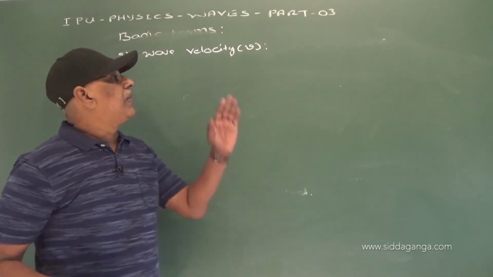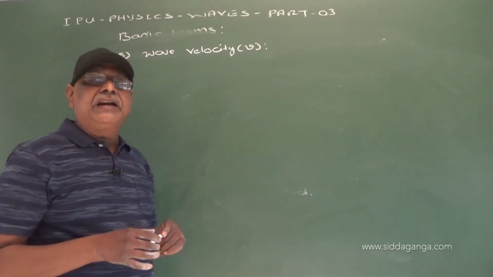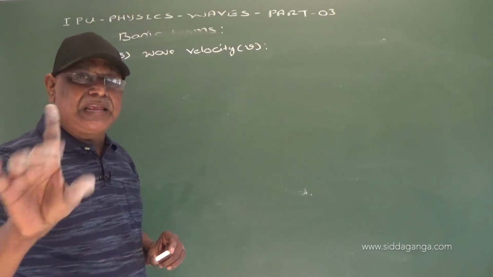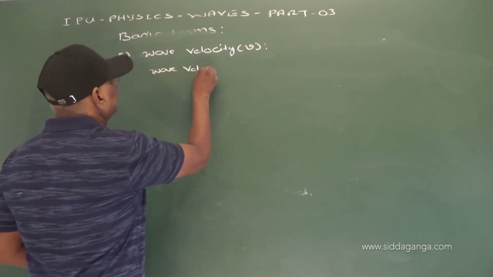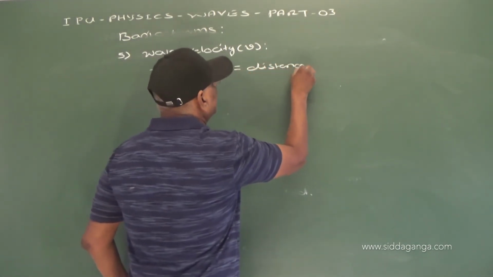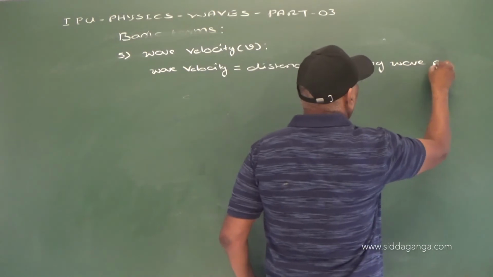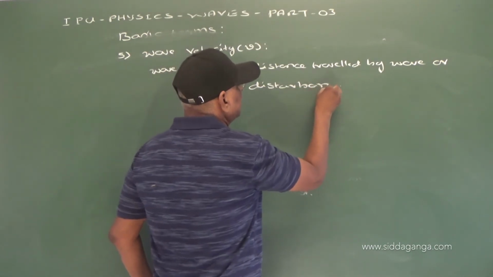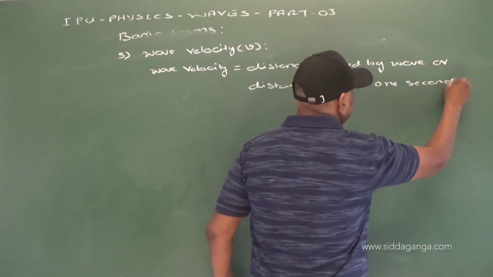Now, the wave velocity, or velocity of a wave, is defined as the distance traveled by the wave in a time interval equal to 1 second. So wave velocity is equal to the distance traveled by a wave or a disturbance in 1 second.